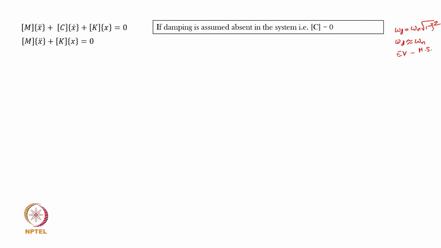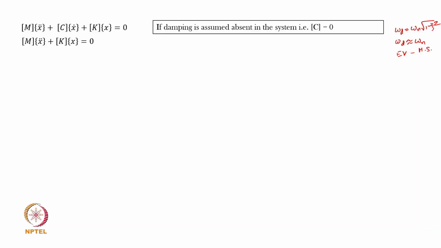So, the mode shapes of the undamped system and damped system are more or less identical. That is the reason why preliminary analysis can be comfortably done, and we are doing this also for the reason of understanding a few other things related to multi-degree of freedom systems.